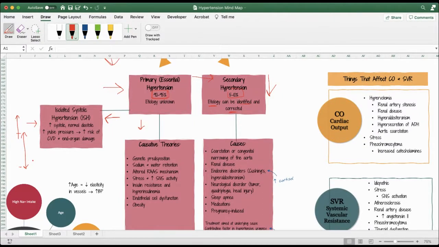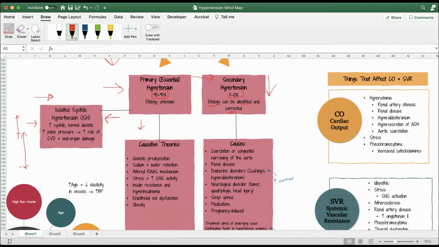This gives you an increased risk for cardiovascular disease and target organ damage. If you think about it, what it's telling you is that the pressure is really, really high during systole. So the heart's contracting and pushing a ton of blood with a ton of pressure.